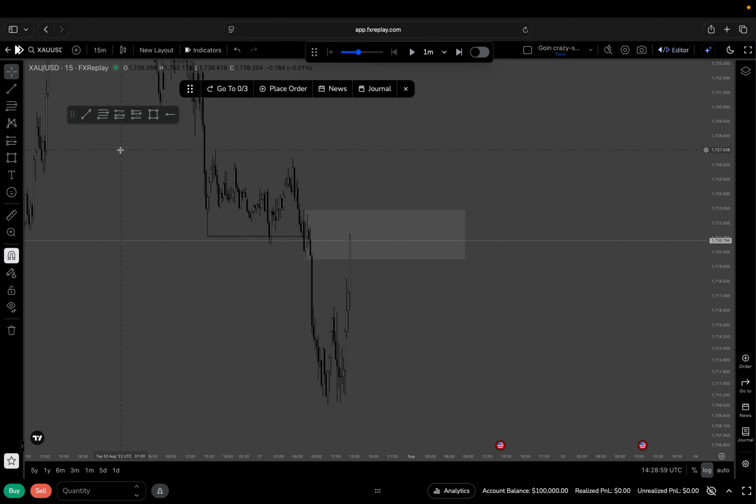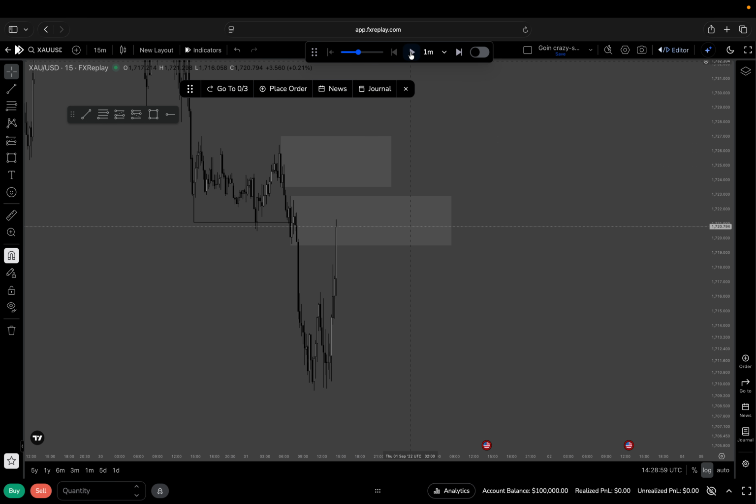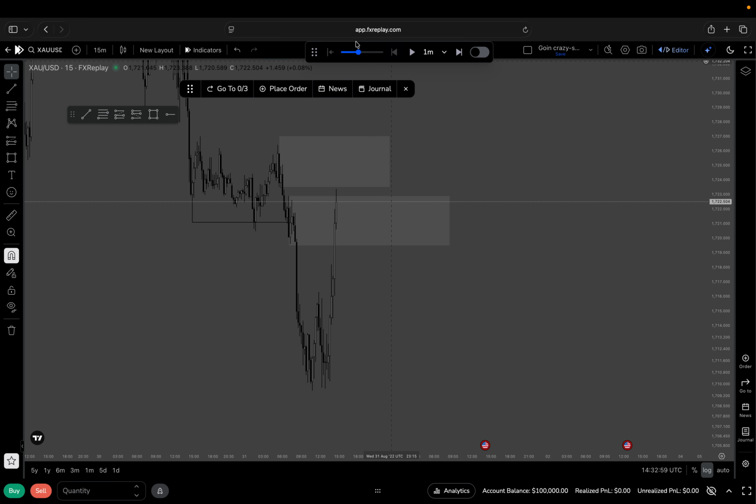Okay, first point of contact where price is. We have this last one up here as well. So we can just drag this all the way up here. Get rid of this. Okay, we take out these highs.